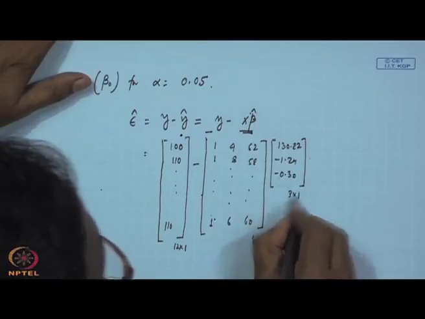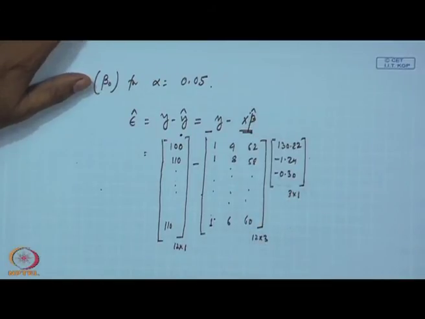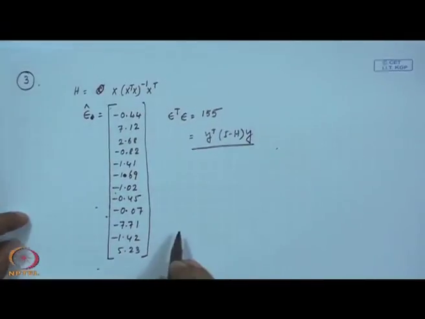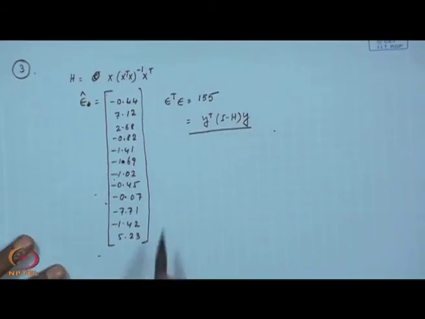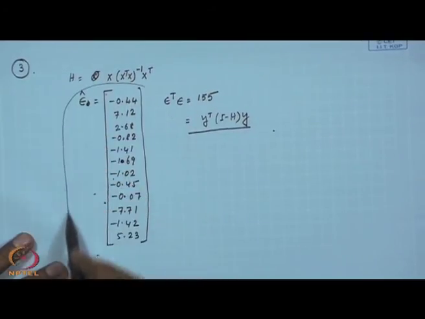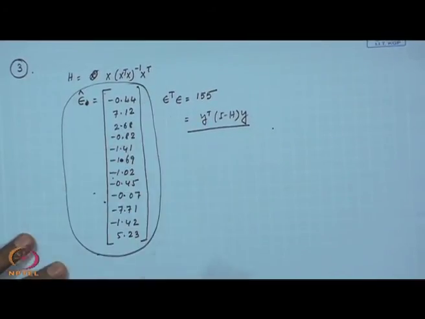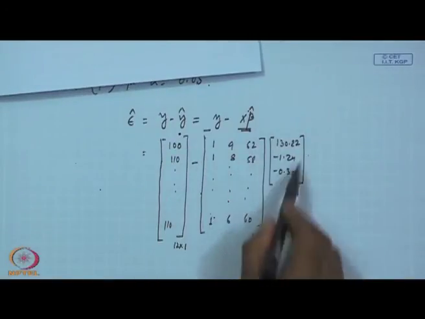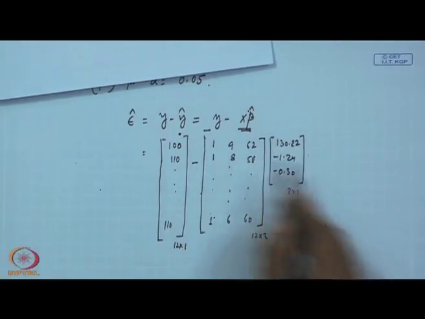So this is 3 cross 1. The resultant value will be like this, that is 12 cross 1. I require to compute this. All those things you compute and the difference will come like this.